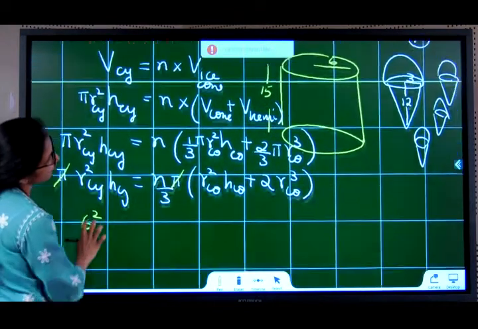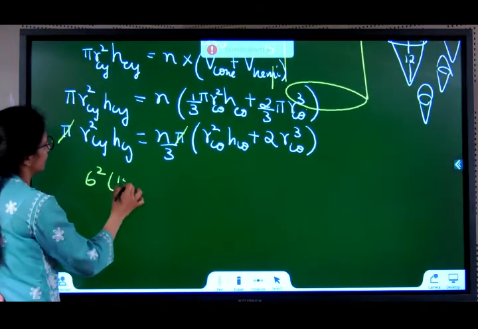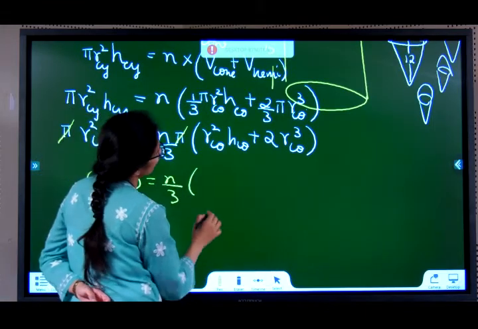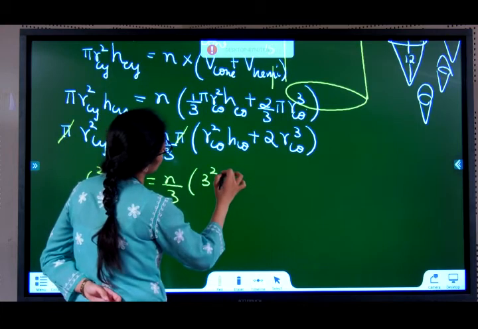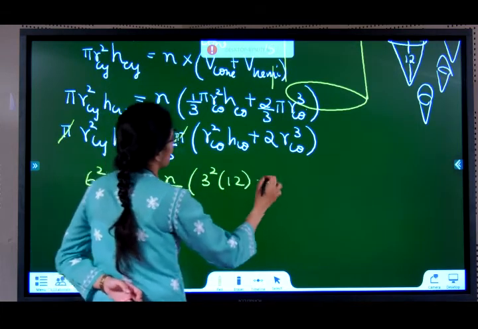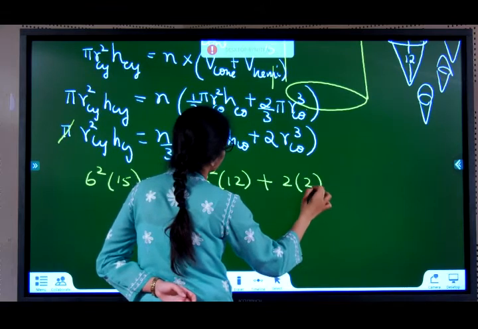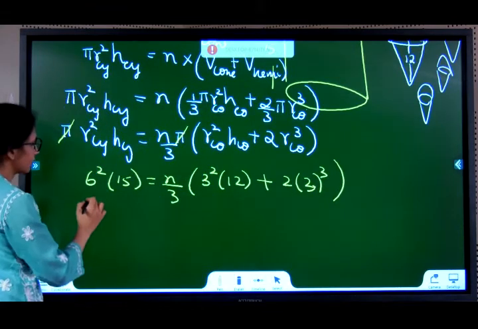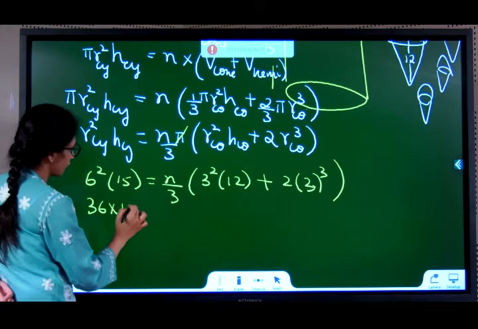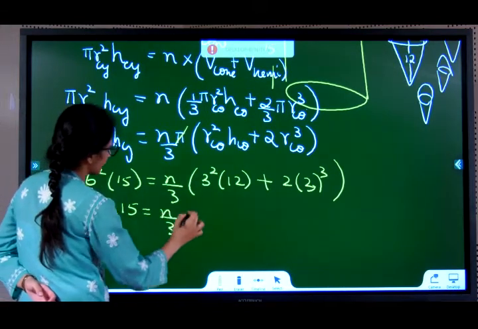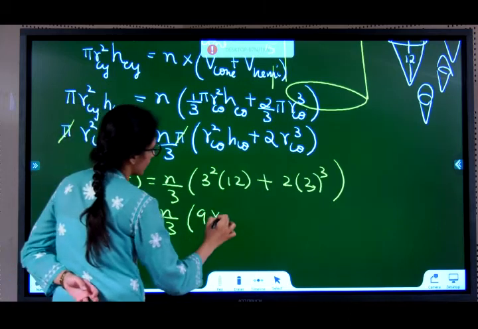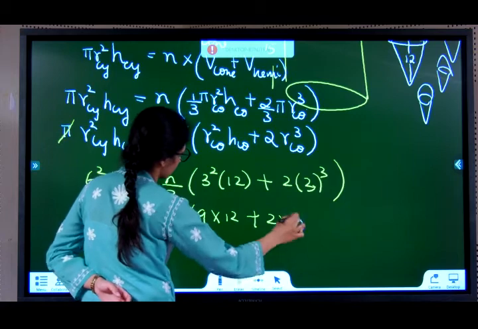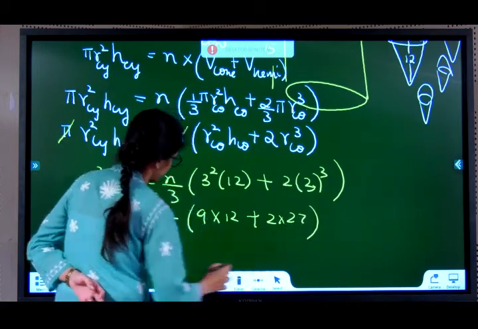Height of the cylinder? 15 is equal to n by 3 into r of cone 3 square, h of cone 12 plus 2 into 3 cube. 6 square 36. 36 into 15 is equal to n by 3 into 3 square 9 into 12 plus 2 into 3 cube is 27.